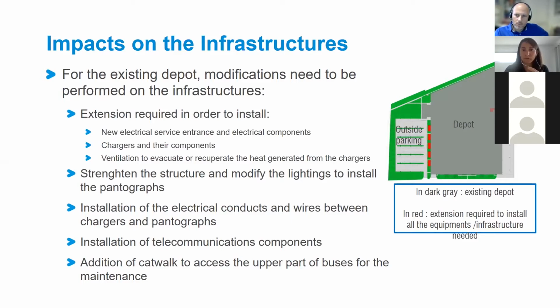We need to install all the conduits and wires in the building, install the telecommunications components, and also add a catwalk in the maintenance area in order to access the upper part of the buses for the maintenance of the battery. So the impact on our infrastructures is important, and it will also cost a lot of money to modify our depot.